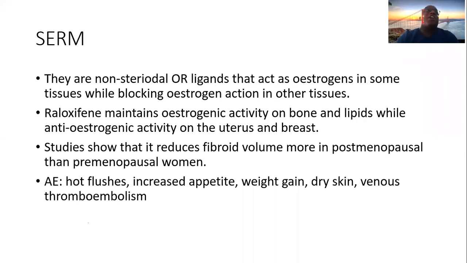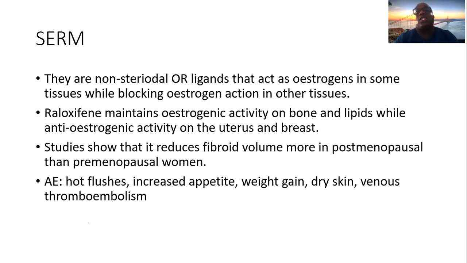We have another group called the selective estrogen receptor modulators. These are non-steroidal estrogen receptor medications that stimulate estrogen in some tissues while blocking estrogen action in other tissues. An example is raloxifene.